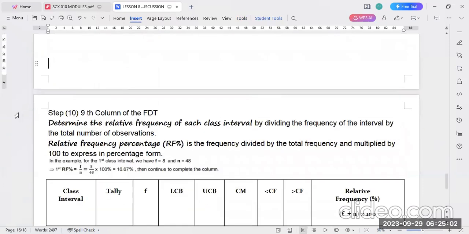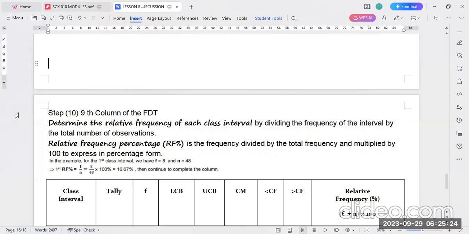Now for the last part, the last column of the FDT, we have the relative frequency. So for the relative frequency, that is F divided by N times 100.